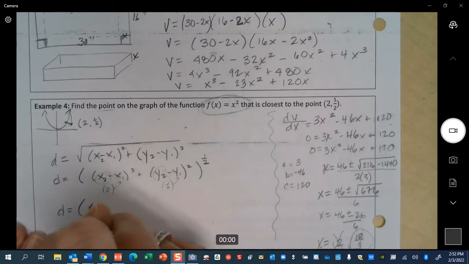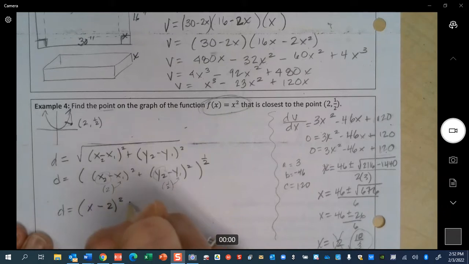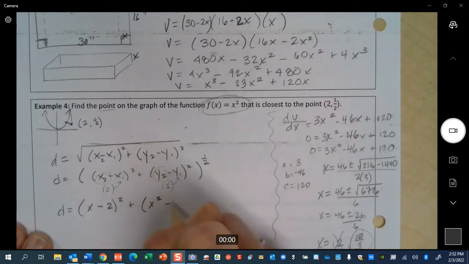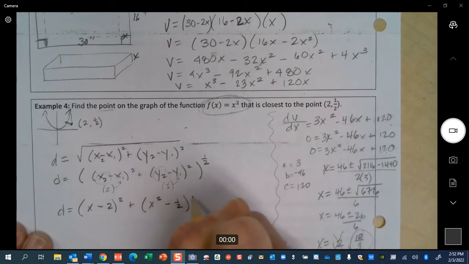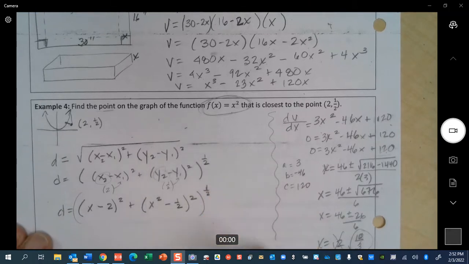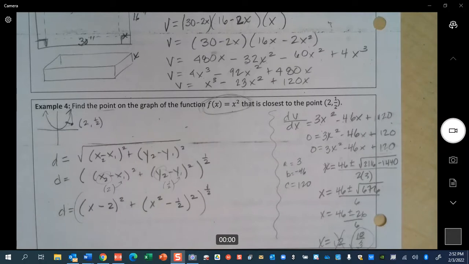So my new x value minus my old one squared plus my new y value minus my old one squared, all to the... let's talk about what I did. If I put this x into this function, what is my output?